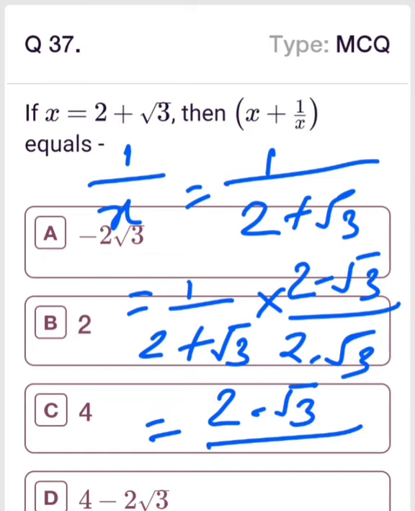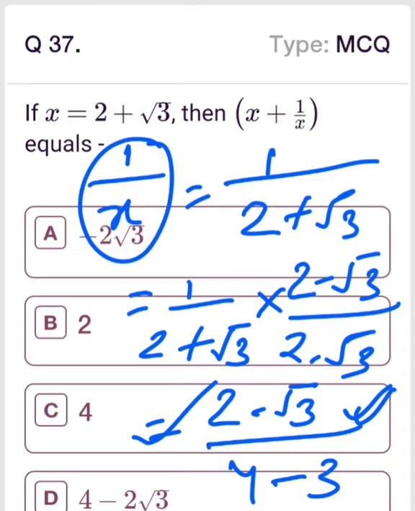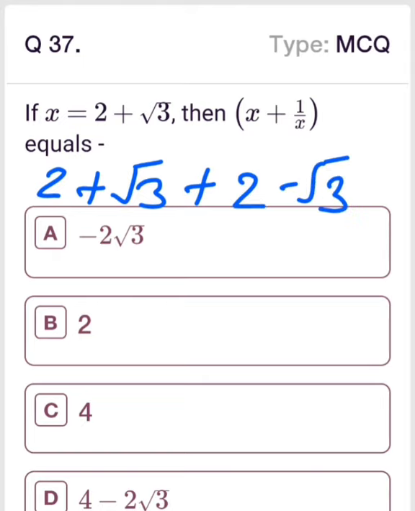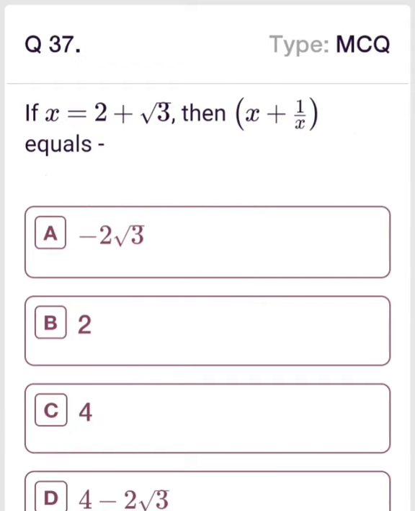A plus b, a minus b, a square minus b square. A square is 4 and minus 3. So the value of 1 upon x is 2 minus root 3. Now keep in mind the value of 1 upon x is 2 minus root 3. But what we have to find? X plus 1 upon x. X is 2 plus root 3, and 1 upon x was 2 minus root 3. Then root 3 and root 3 cut. 2 plus 2 is 4. Then C is your answer.